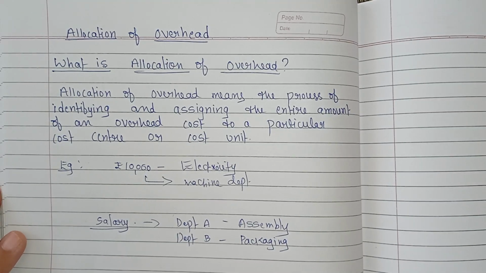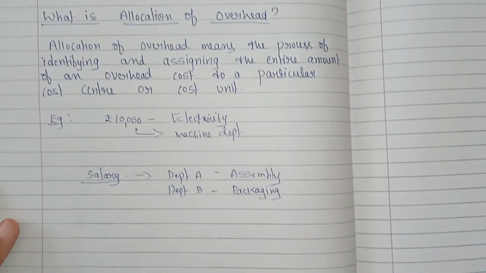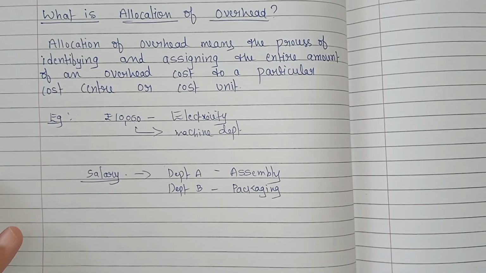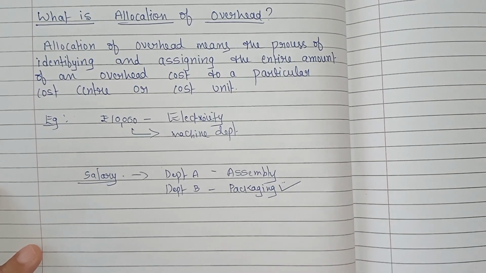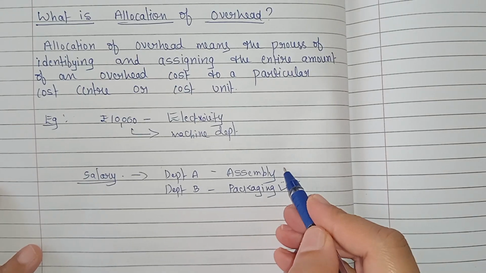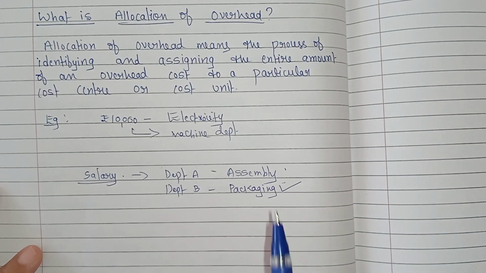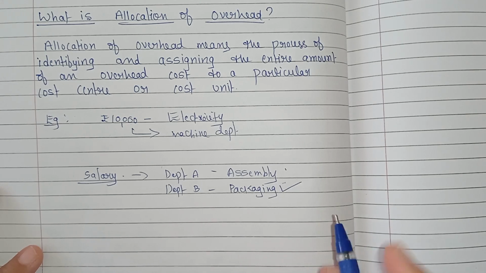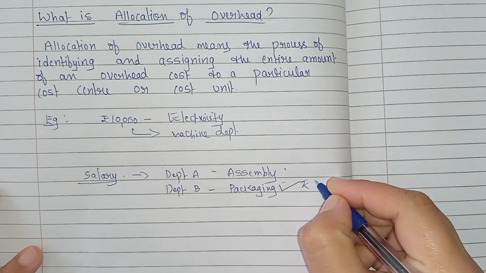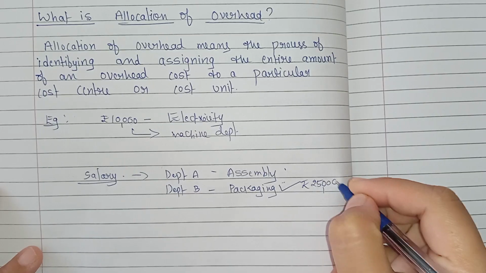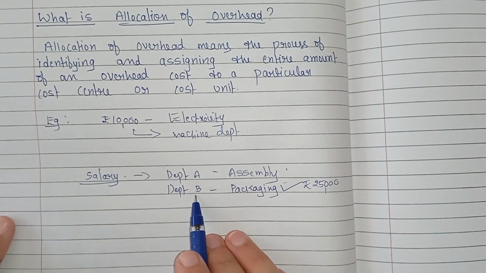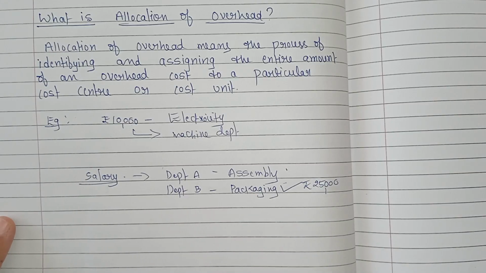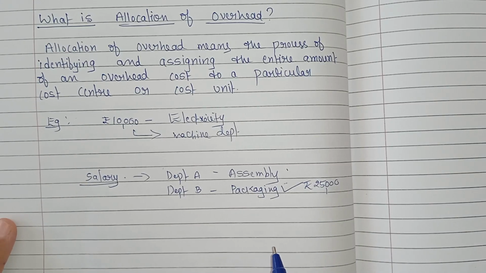Now suppose, listen carefully, there is a supervisor who works only in department B, not in department A. That is packaging, and his monthly salary is rupees 25,000.